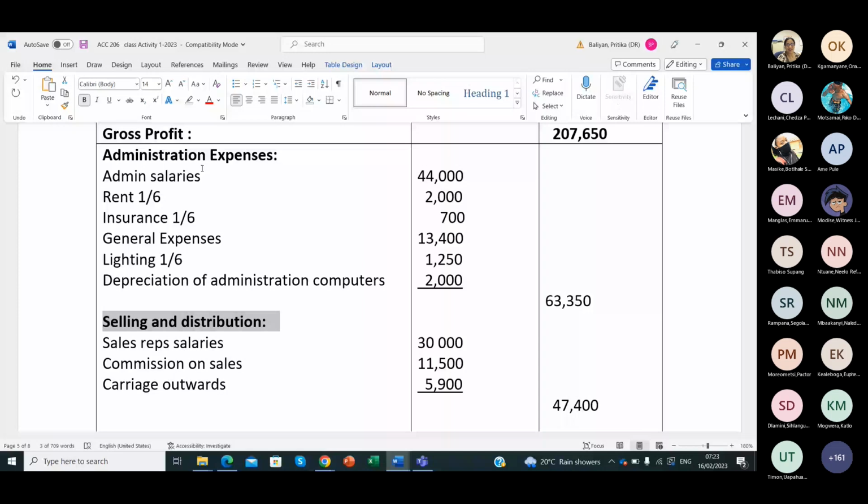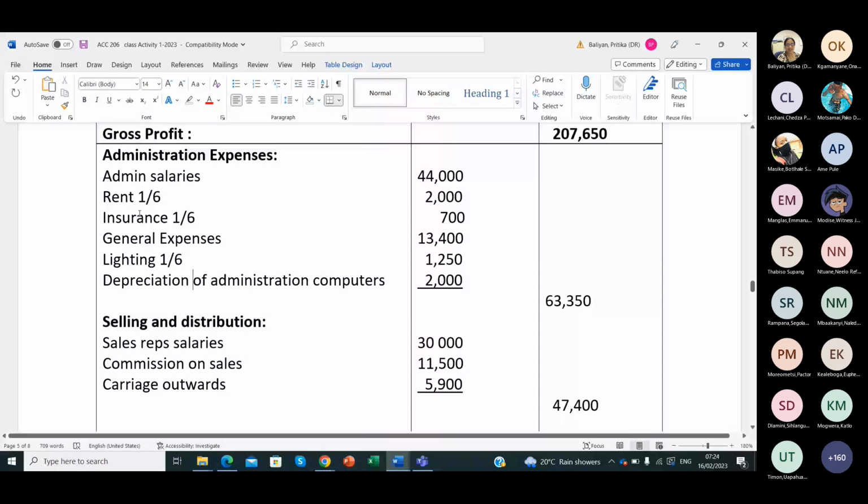And we also know that the other expenses like lighting, rent, insurance are also shared between the factory and the administration side. Five-sixths portion goes to the factory and 1/6 portion to the administration block.